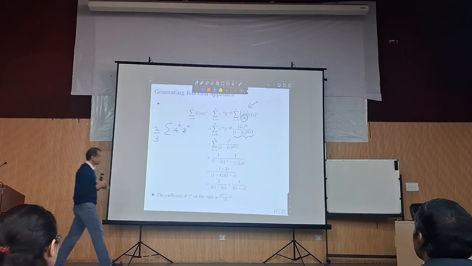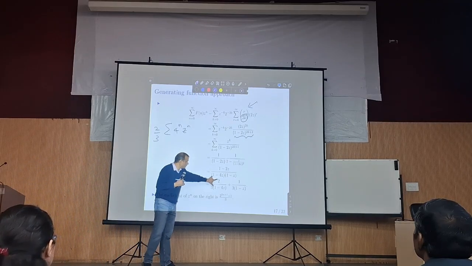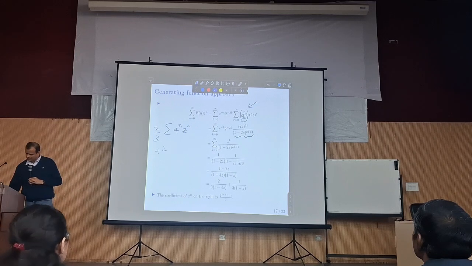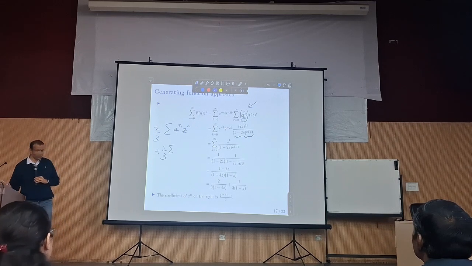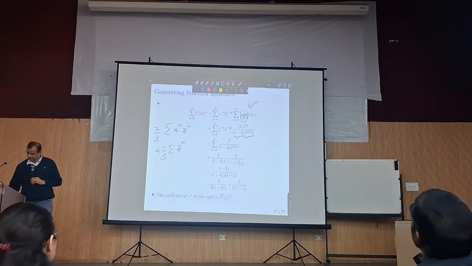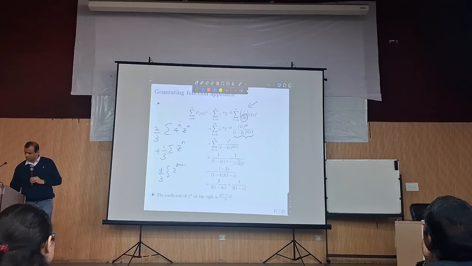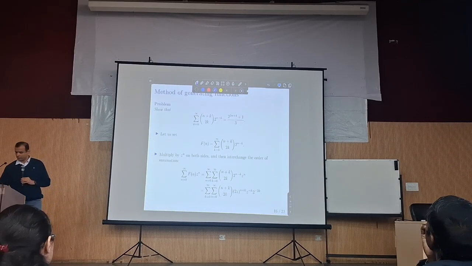From there, it's going to be plus 1 by 3 summation z to the n. The coefficient is 1 by 3. This 4 to the n is 2 to the 2n, so it's going to be 2 to the 2n plus 1 the whole by 3, which is exactly what we want.